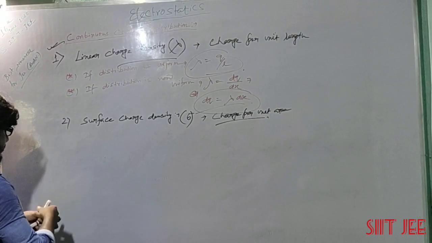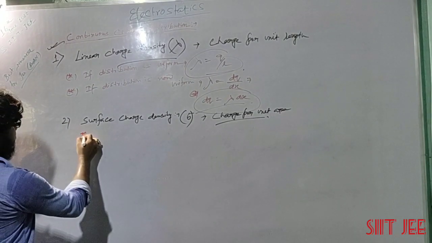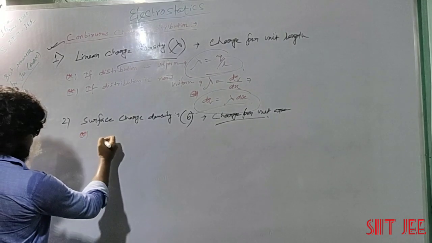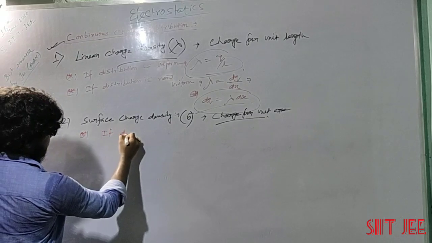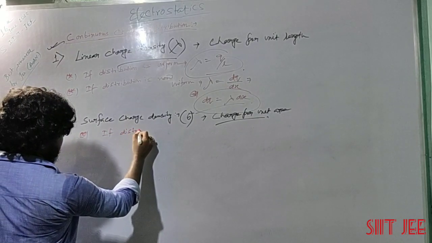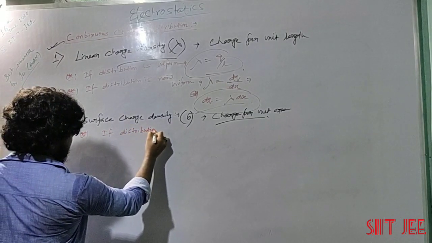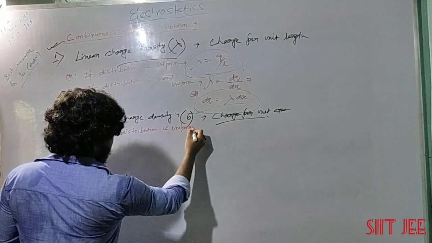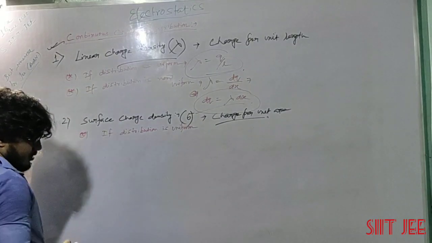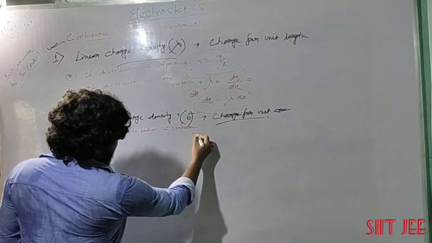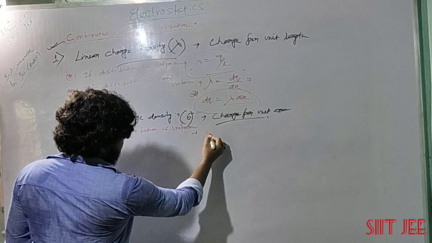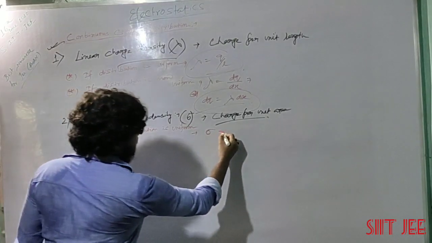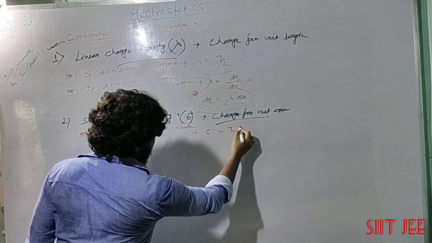If the distribution is uniform, sigma is equal to Q by A, area.